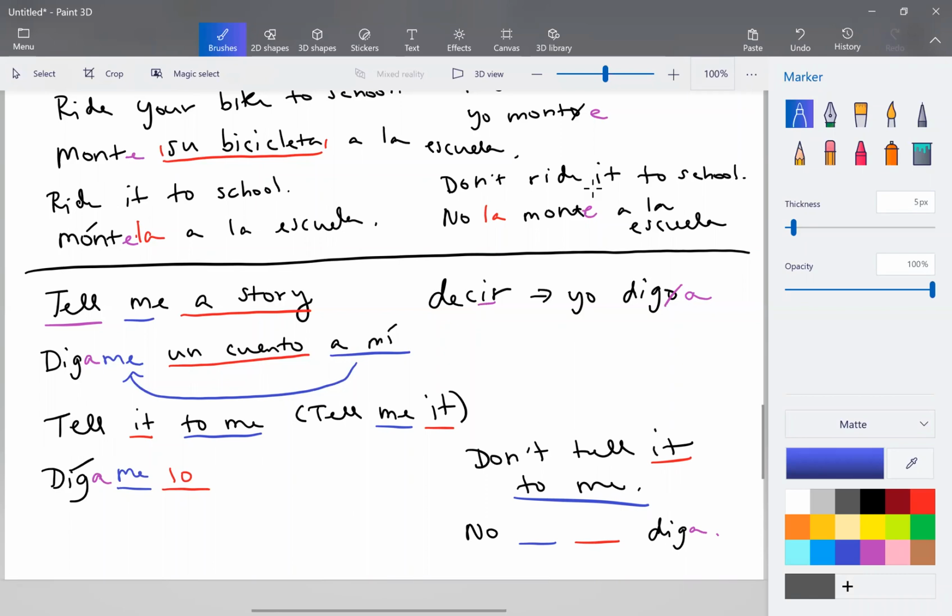No me lo diga. No me lo diga. All right. So listen, you're going to have an assignment tonight that's due tomorrow on this, on attaching or not attaching our pronouns to commands.